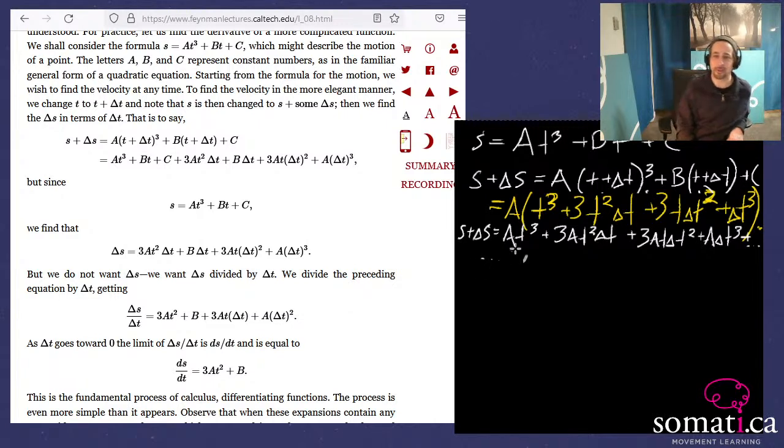Now you finally get that B term. That's a little easier: B T plus B delta T plus C. Okay, those are all the things, I guess.